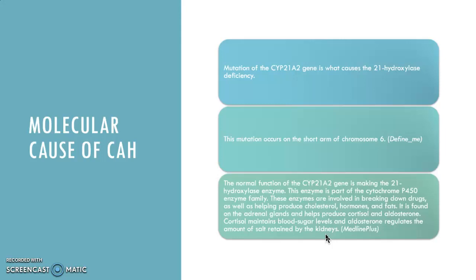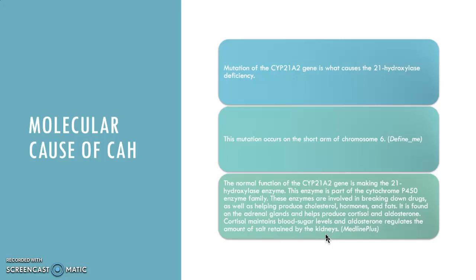As far as the molecular side of things is concerned, this is occurring on the short arm of chromosome 6. The gene involved is a mutation of the CYP21A2 gene, and that is the initial cause of the 21-hydroxylase deficiency.